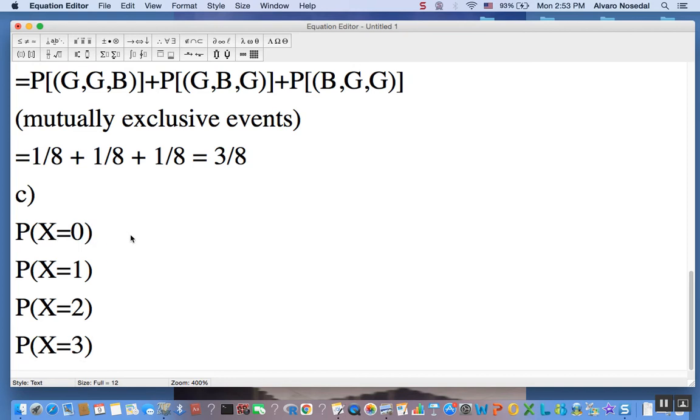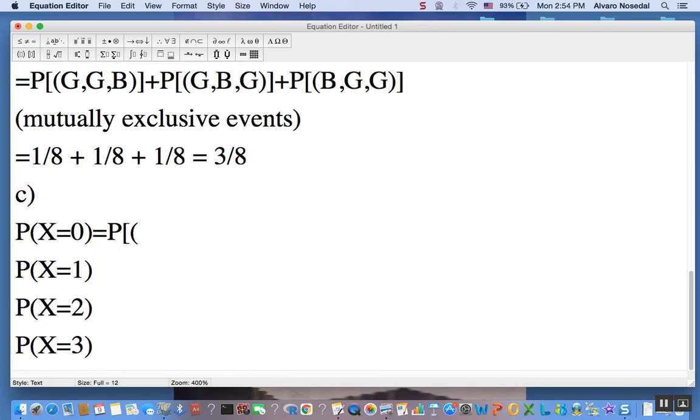Okay, so let's do what we did before, right? The probability that x equals 0 is the same as the probability of an outcome in terms of the original sample space, if you will.